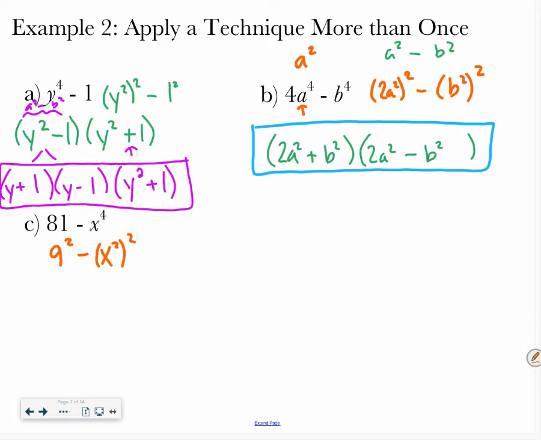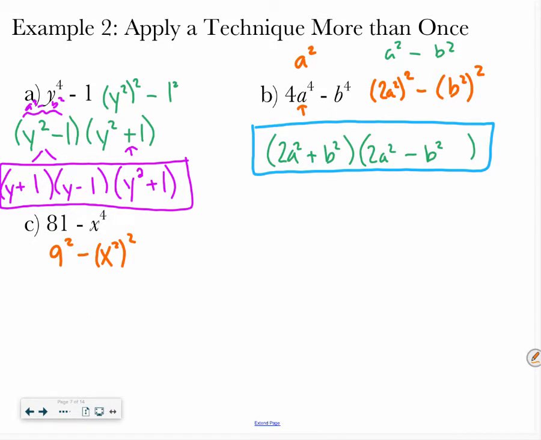So if we do that, that becomes 3 minus x squared times 3 plus x squared. And that 3 minus x squared... I skipped a part. Sorry.